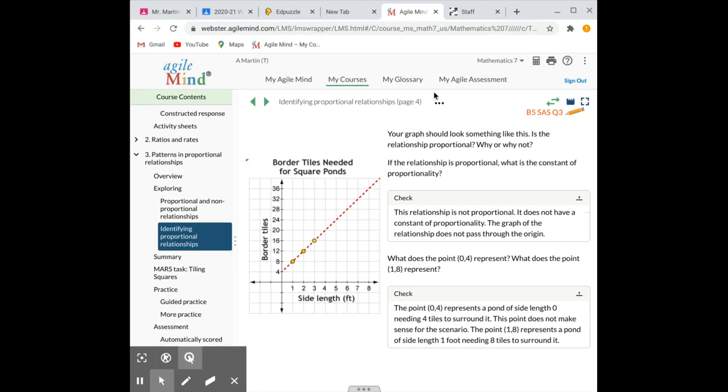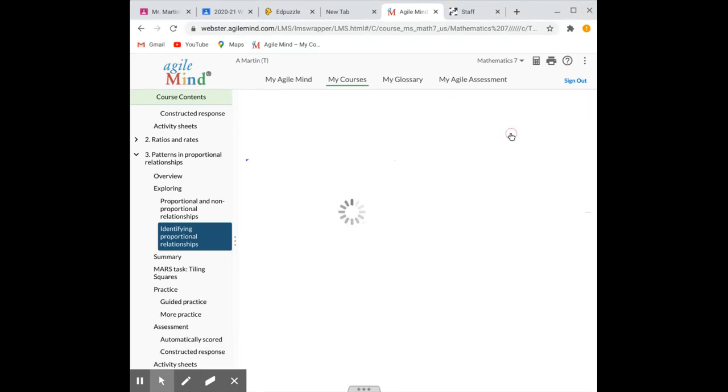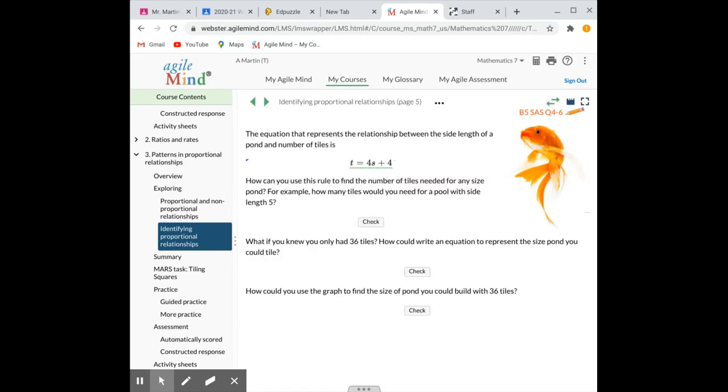All right, so let's check out number 5. Look at that equation. Would you read all this for us? The equation that represents the relationship between the side length and pond number of tiles is... Why don't you read that equation?